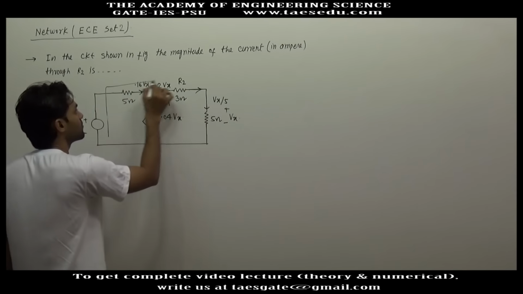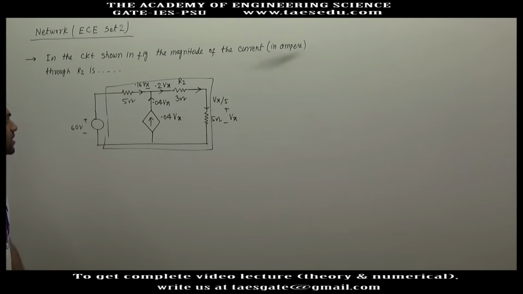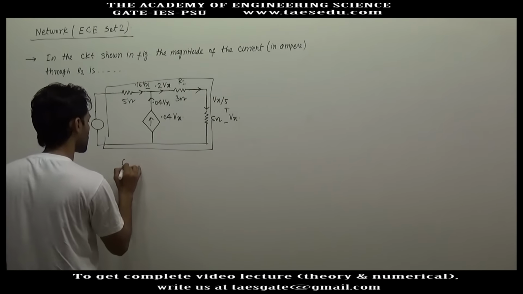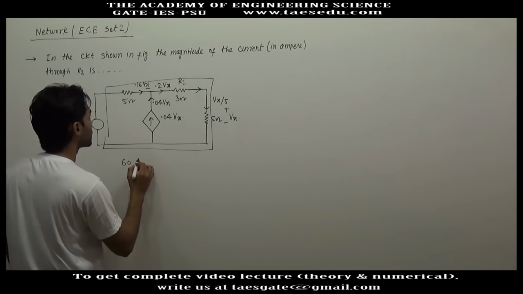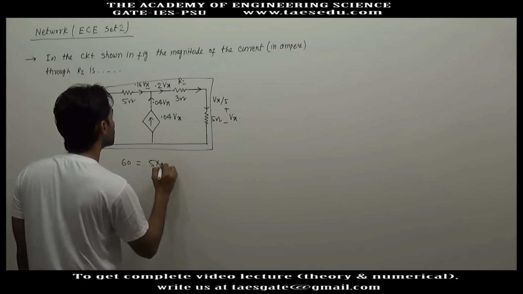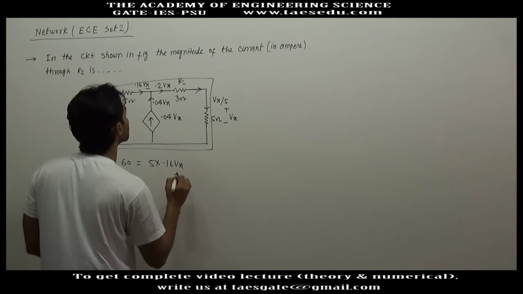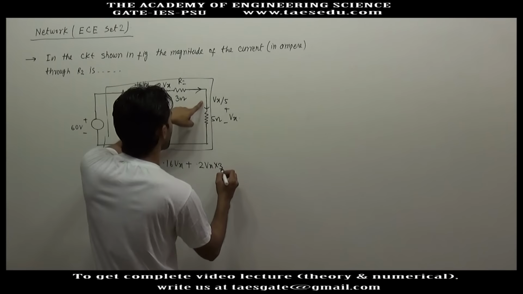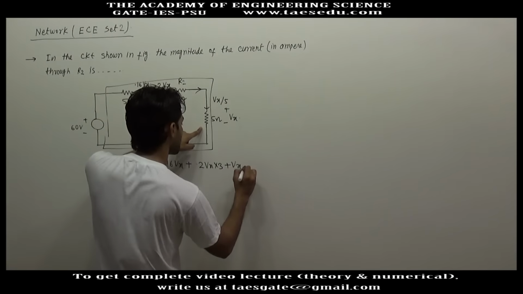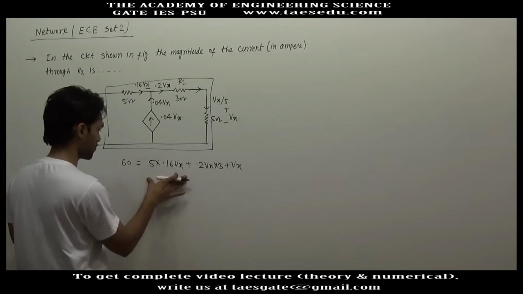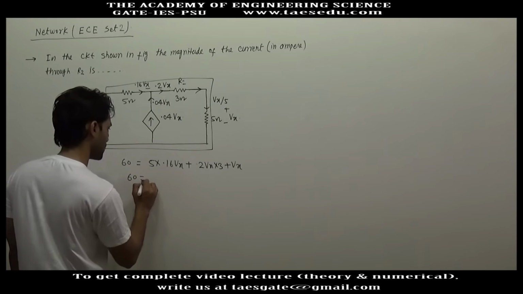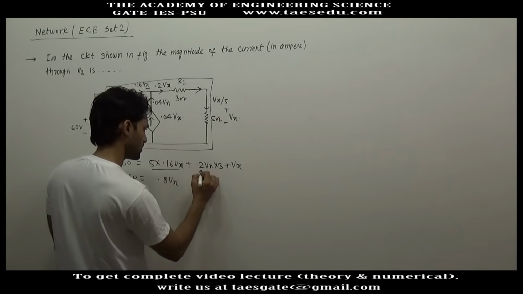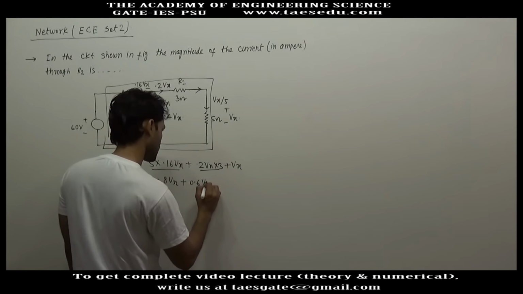Now if we apply KVL in this loop, we have only one unknown, that is Vx. So here we will have a gain of 60 volt. I am directly writing it: 60 is equal to 5 into 0.16 Vx plus 0.2 Vx into 3, and here the voltage drop is Vx plus Vx. This is the total voltage gain, this is the total voltage drop. 60 will be equal to 0.8 Vx plus 0.6 Vx plus Vx.